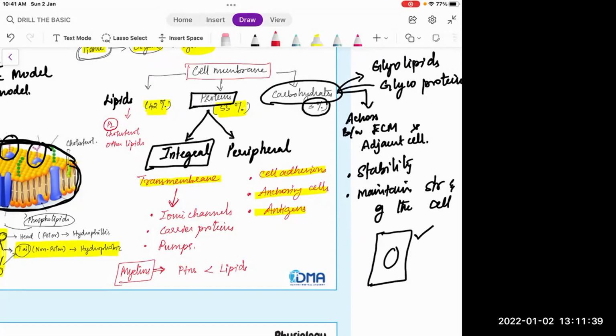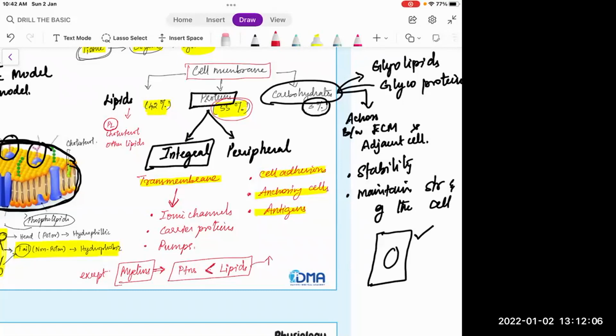In all the other cases, protein constitutes 55%, except in the myelins, where the protein is less and the lipids are high.